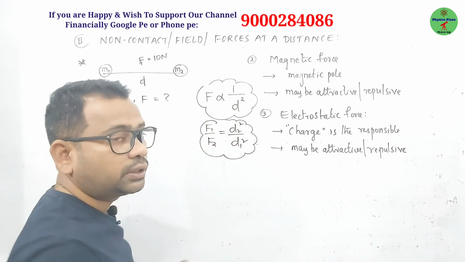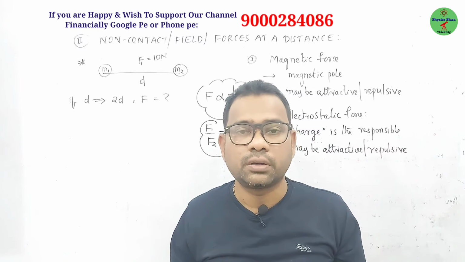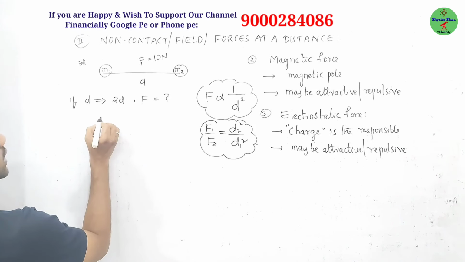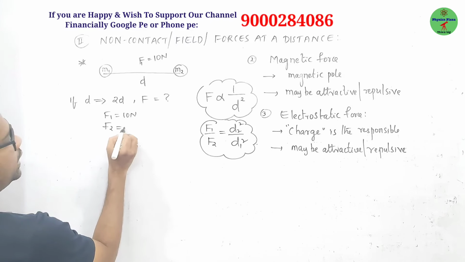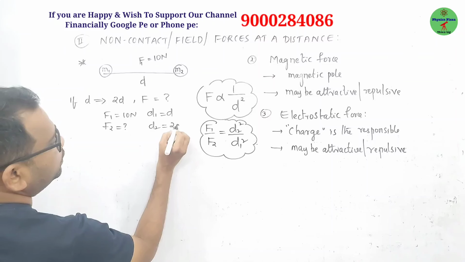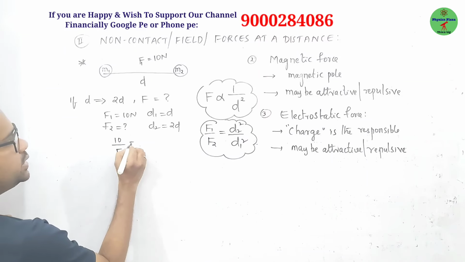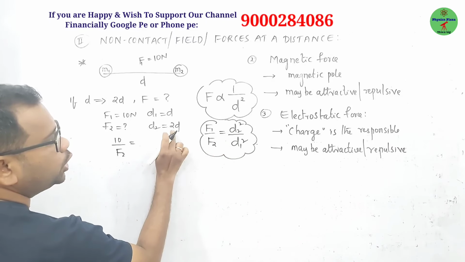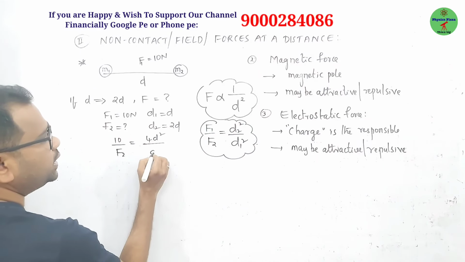Whenever there is a change in distance, definitely force will change. But how much? Let us take this formula. F1 is 10 newtons, F2 to be calculated, D1 is d, D2 is 2d. Substituting, 10 by F2 is equal to D2 square, which means 2d whole square, which is 4d square by d square.